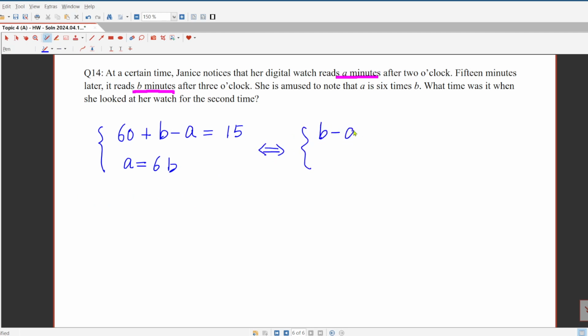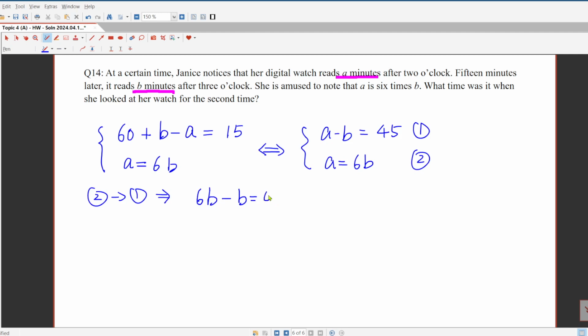So the first equation gives us B minus A equals negative 45, or usually we don't like negative numbers, so you can put the constant on the left side, which means A minus B equals positive 45. Then A equals 6B, right? Then you can put equation number 2 into equation number 1. And of course, this will give you 6B minus B is 45, and 5B is 45, right? And you can easily see that B is just 9.